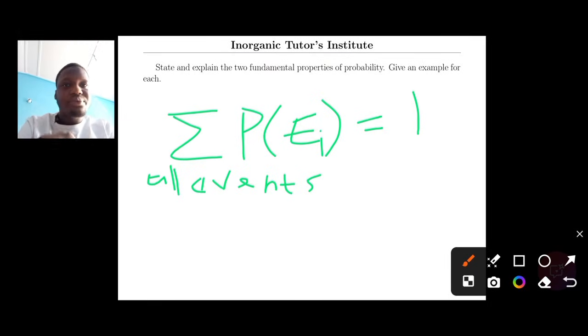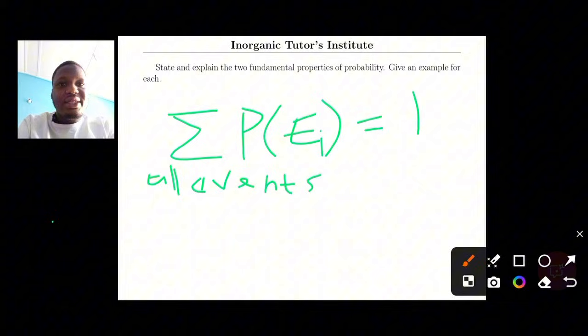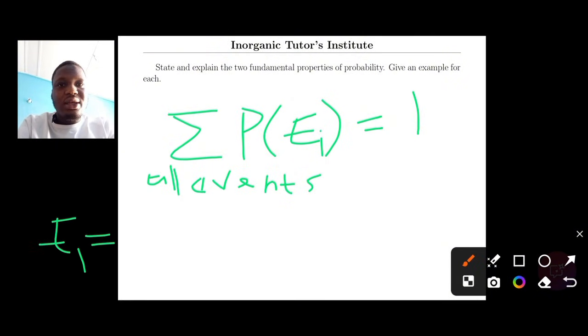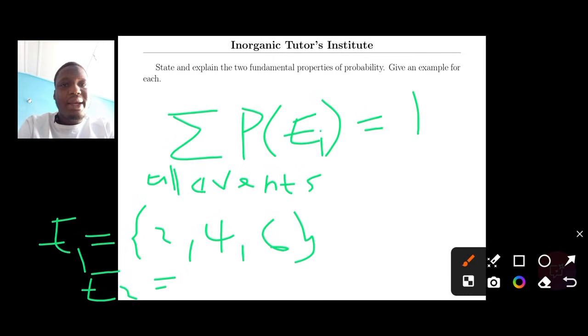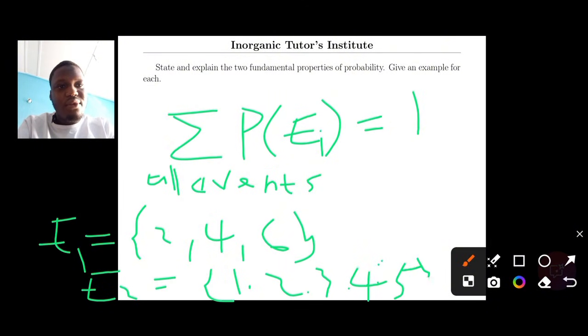Let me give you an example. If I say the first event is that you get an even number from a roll of a die, that's 2, 4, 6. And the second one could be getting a number less than 6, which is 1, 2, 3, 4, and 5. So the first event is getting an even number. The second event is a number less than 6.